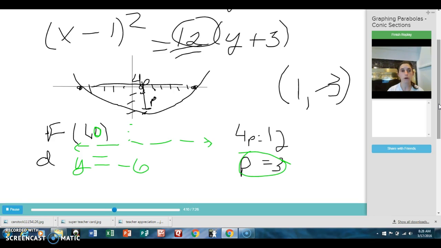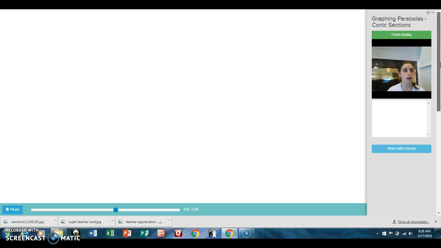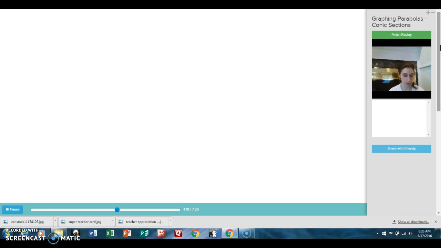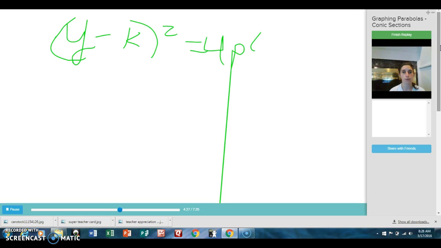So we're going to do pretty much the same thing, but this time going side to side. And when we do that, the difference is that our general equation changes so that the thing being squared is the y term. So y minus k squared equals 4p, and then x minus h, not squared.